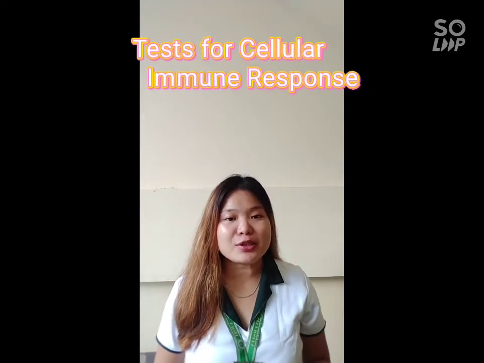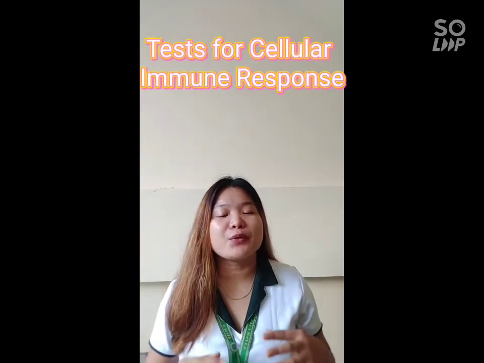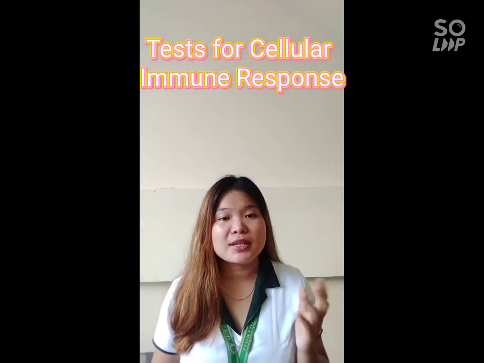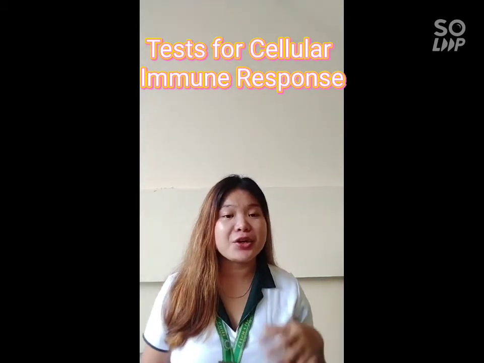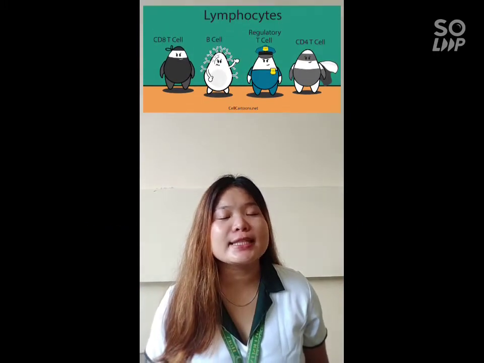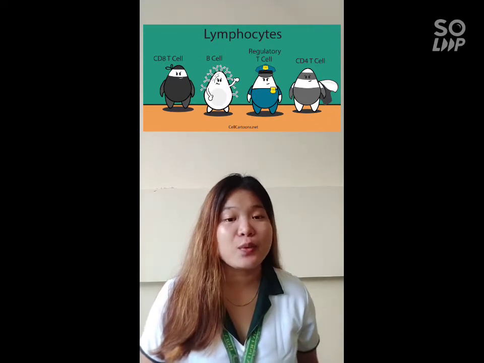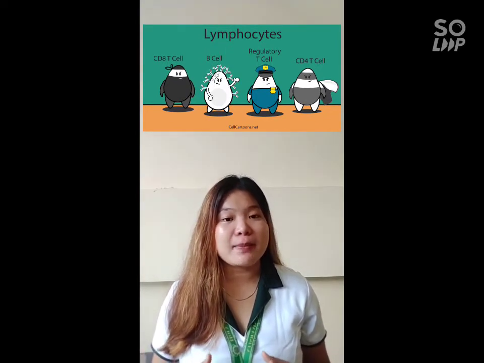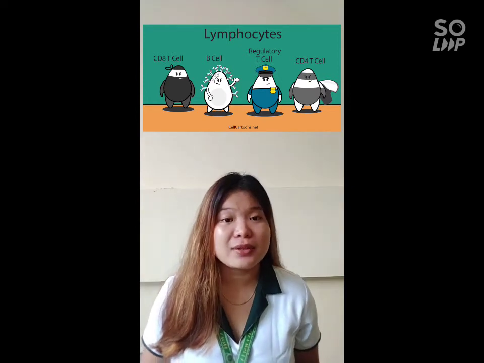Next is the test for cellular immune response. The reaction of antibodies with their antigen can be detected either directly or indirectly in a number of ways. The reaction of a specifically sensitized lymphocyte with its antigen can only be ascertained by in vivo reactions of the delayed type.